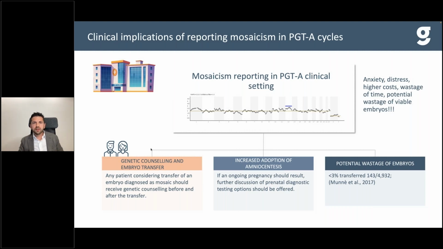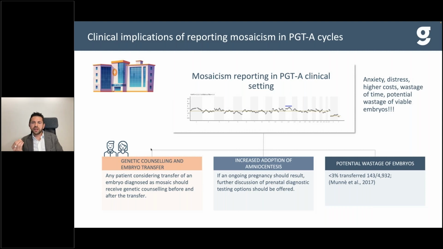Then, transferring mosaic embryos after PGT-A has generated an indication in some cases for amniocentesis, for undergoing invasive prenatal follow-up, which should be justified because this comes with very well-known risks of iatrogenic abortion, as we all know well. But I think the worst outcome of reporting or overcalling mosaicism in our field is the potential wastage of otherwise healthy and normal embryos.